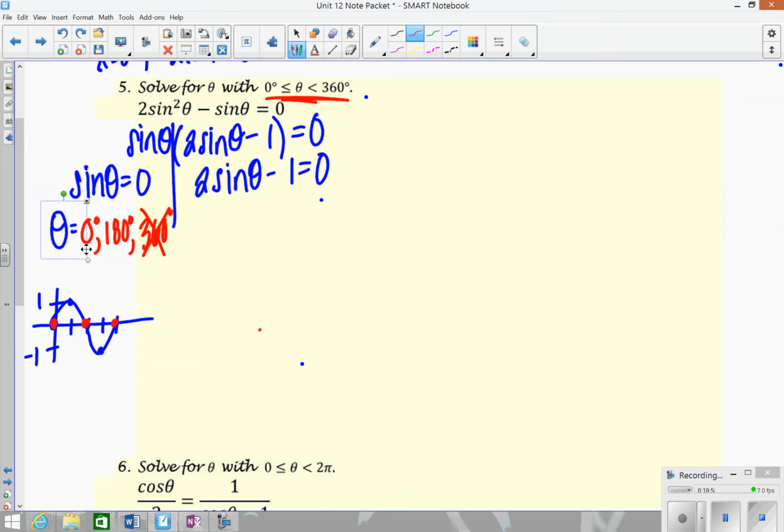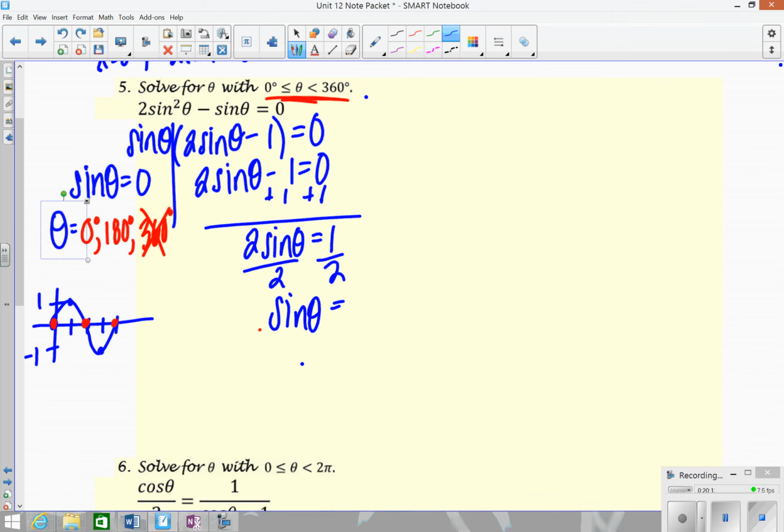Okay, so far I have 0 and 180 for answers, and then I move over to this side and continue. So add 1 to both sides. We have 2 sine theta equals 1, divide both sides by 2, sine theta equals 1/2. And now you're going to take the inverse of both sides, or you're going to figure out your reference angle.